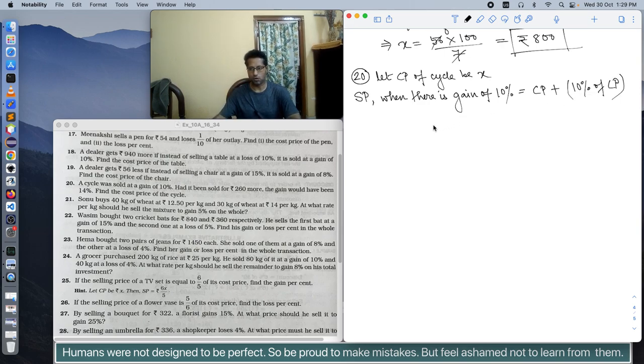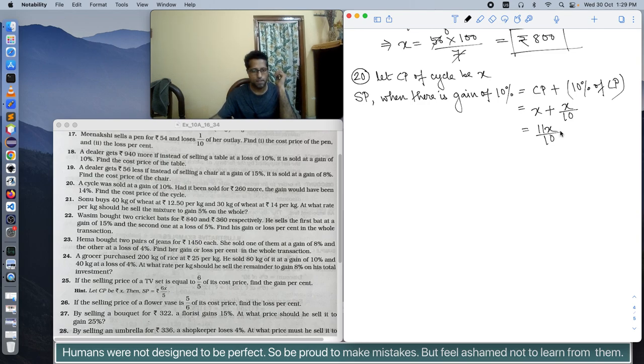So we know that the selling price, when there is a gain, is cost price plus the gain. And what will be the gain? The gain percent is given to be 10%, so the gain will be 10% of the cost price. So this is equal to x plus 10% of CP, which is x by 10. This is equal to 11x by 10.